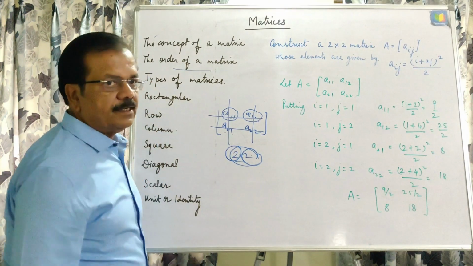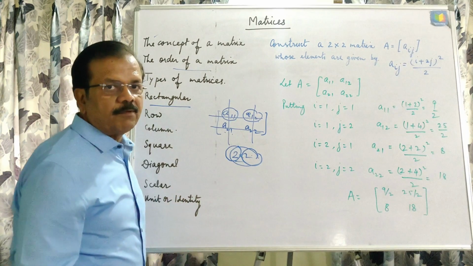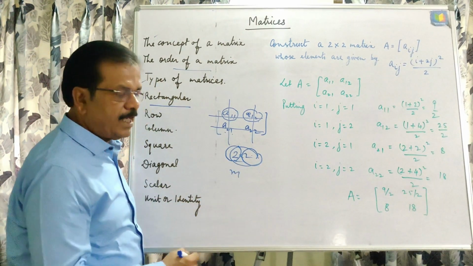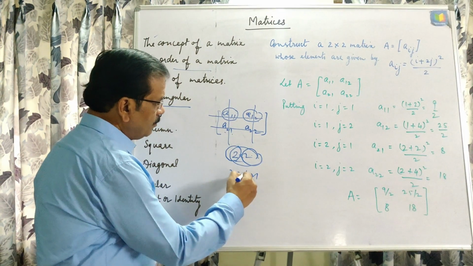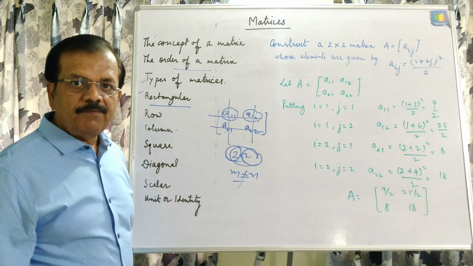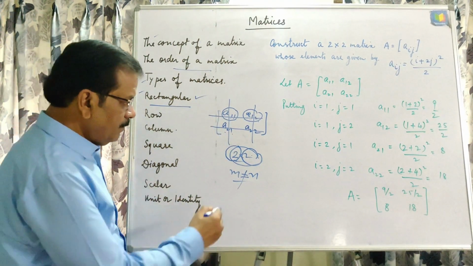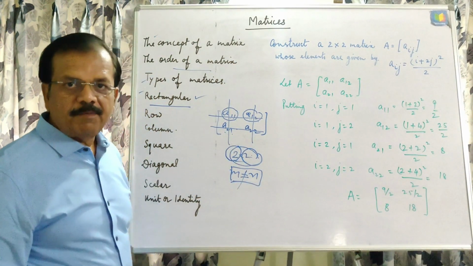After that, take the types of matrices. First one, rectangular matrix. Suppose the number of rows is m and the number of columns is n. If m is not equal to n, then we can say this is a rectangular matrix. But if m is equal to n, we can say this is a square matrix.